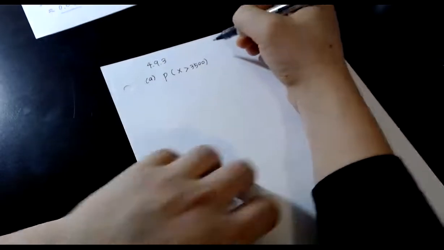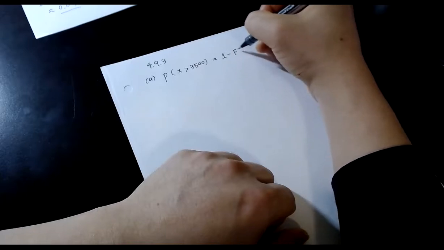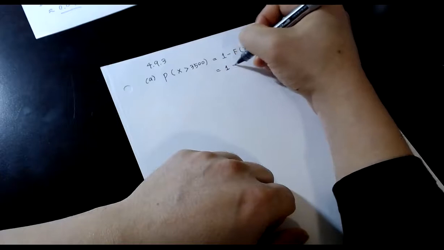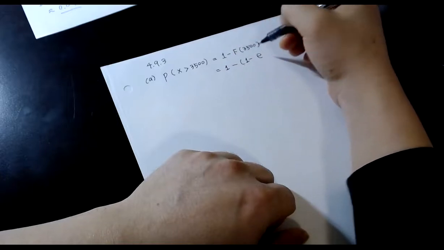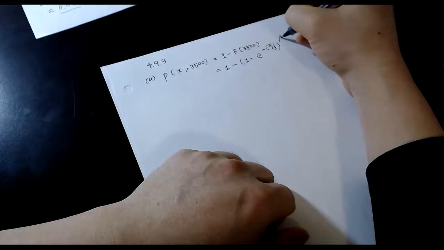Okay, it's not a big deal, right? So this is equal to what? 1 minus the F of 3500, right? So this is equal to 1 minus e to the what? Negative x over delta to the beta's power, right?